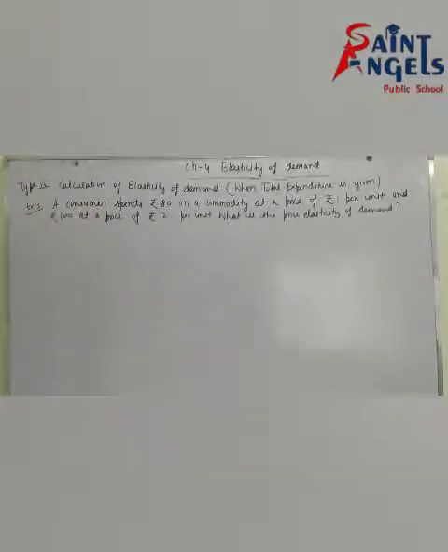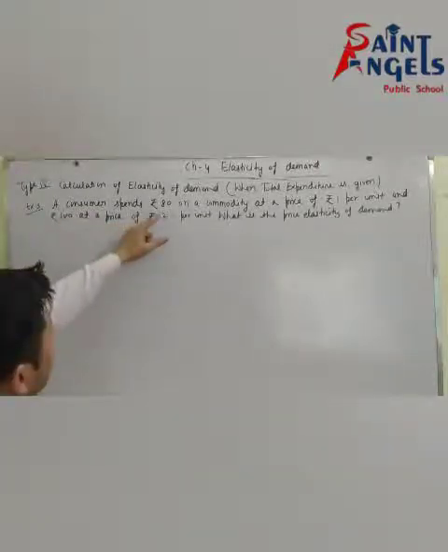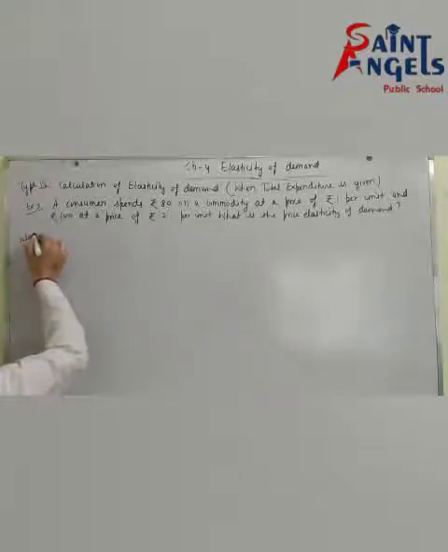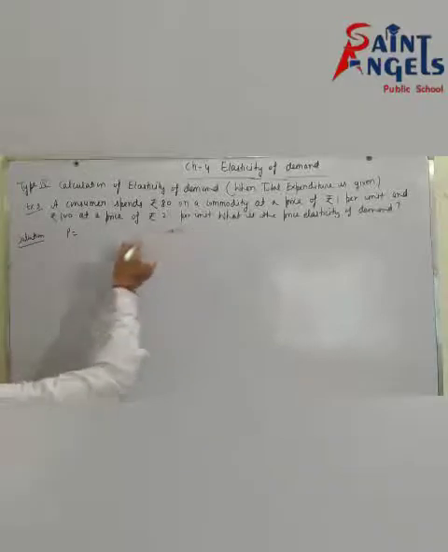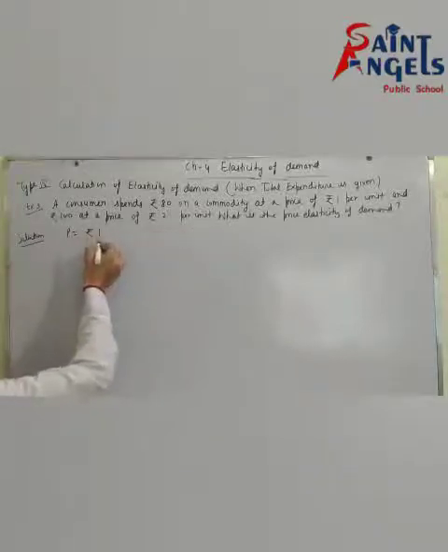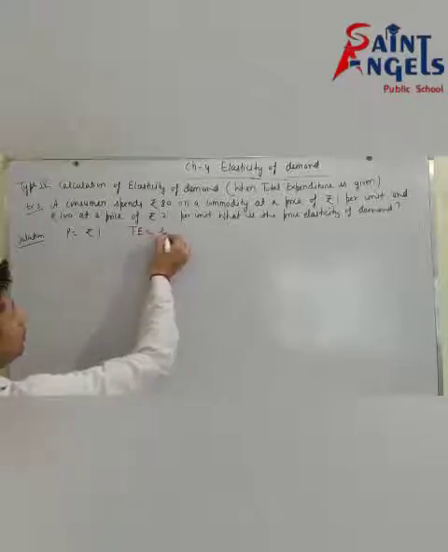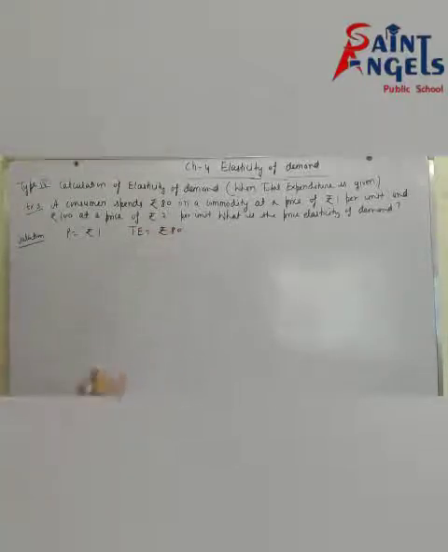See example number 3. A consumer spends rupee 80 on a commodity at a price of rupee 1 per unit. So how will you solve this? Please see here. Solution: initial price is rupee 1 and initial expenditure is rupee 80.